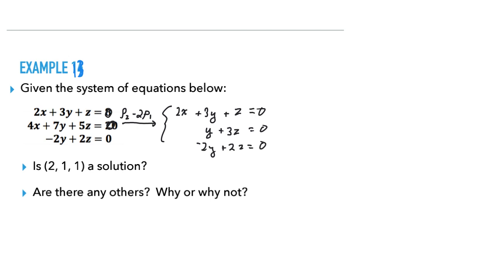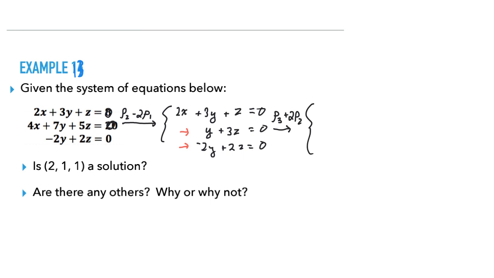Now remember, the last time we had a situation where equation 2 and equation 3 were redundant, and we don't have that now. That tells us that we should proceed to try to wipe out that minus 2y in equation 3. And we can do that by taking equation 3 and adding 2 of equation 2.